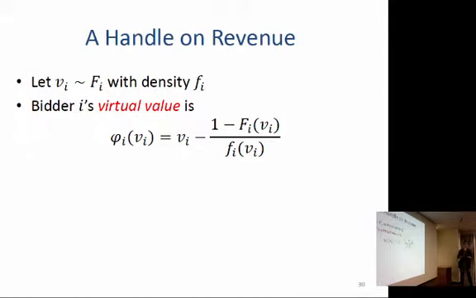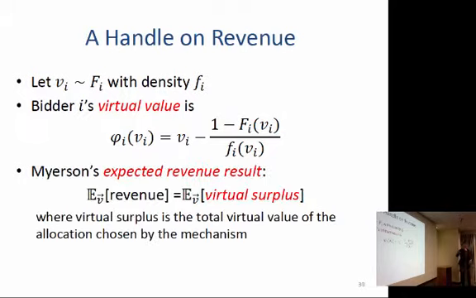And then Myerson goes on to give us a handle on revenue. This is the IPV model, remember, so we have values that are drawn from distributions, and then you can define the virtual values in a way that heavily uses the distribution. What I'm going to call his expected revenue result says that the expected revenue of the mechanism is equal to the expected virtual surplus.